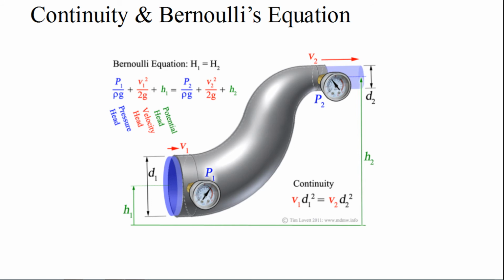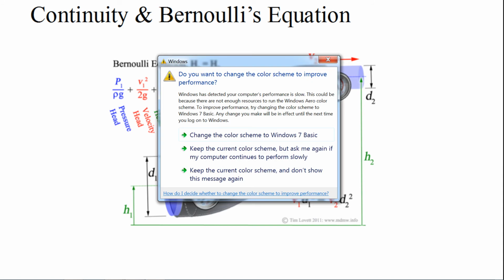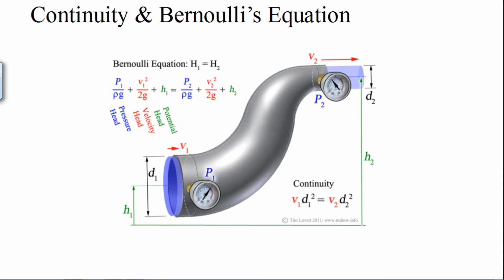It's a pipe of changed cross section. At section 1 the diameter is d1, with velocity and pressure p1. At section 2 the diameter is reduced, so accordingly you can identify the parameters p2 and d2 by using the continuity equation, and we'll have some numericals on this topic.